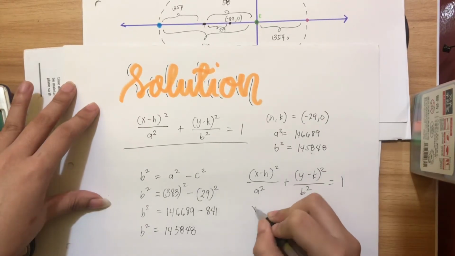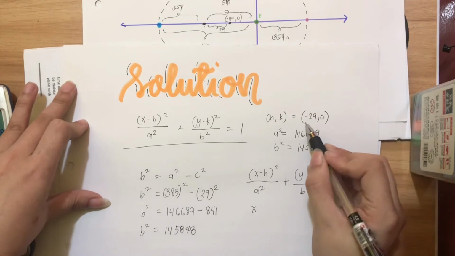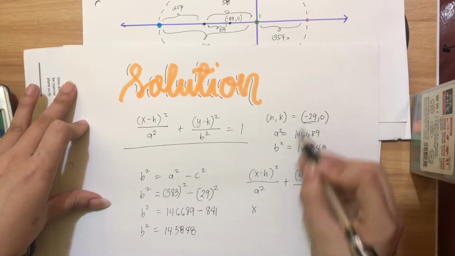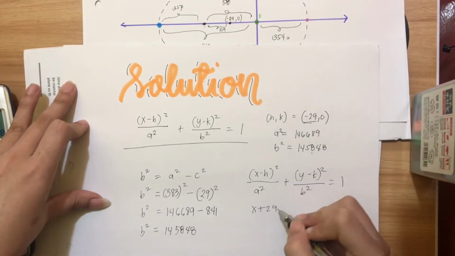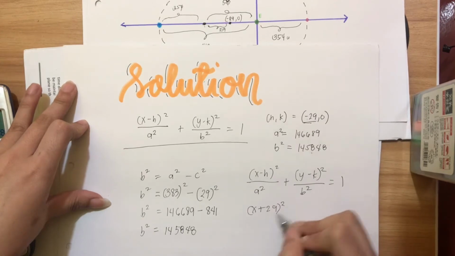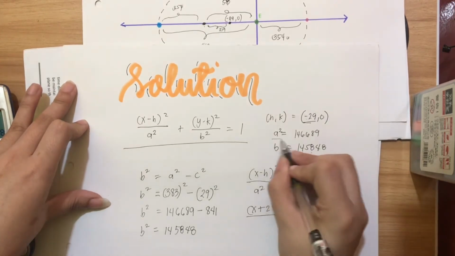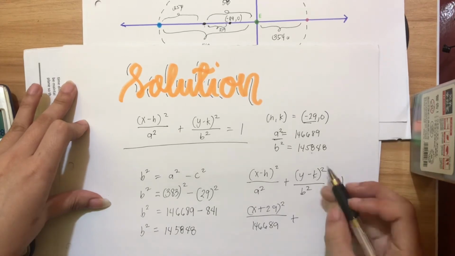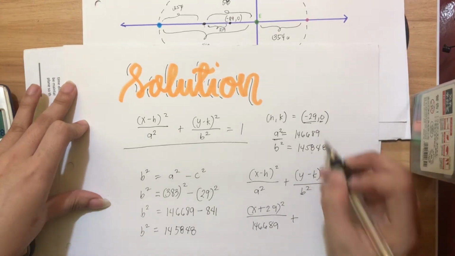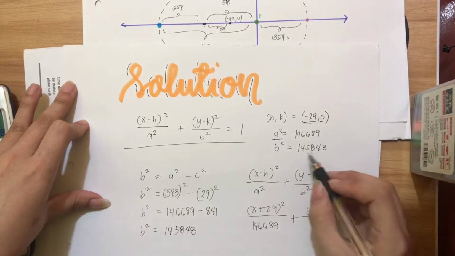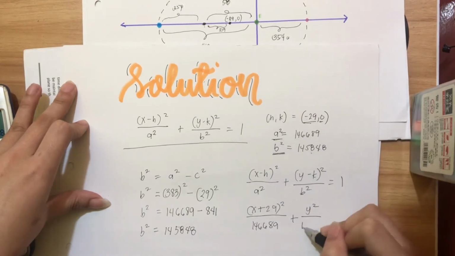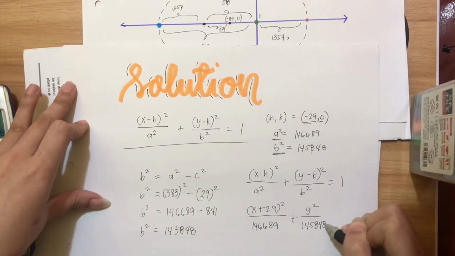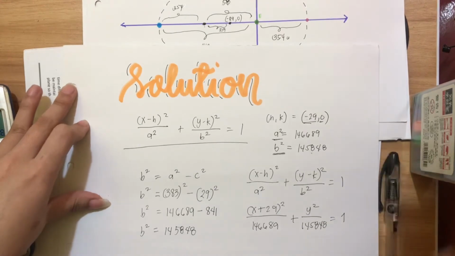Let us substitute negative 29. Negative 29 will become positive. x plus 29 quantity squared over a squared, which is 146,689, plus y squared over b squared, which is 145,848, is equal to 1.